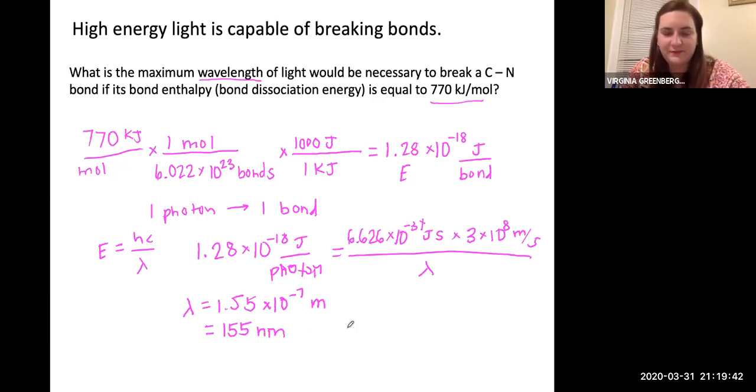Okay, and so this would be our maximum wavelength capable of breaking that bond. And any photon with a shorter wavelength than that would also be capable of breaking that bond, because it would reach the maximum amount of energy required to break it, and even have more energy then. And this photon is, of course, in the UV region.